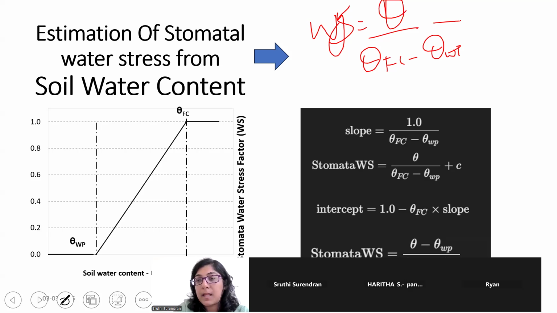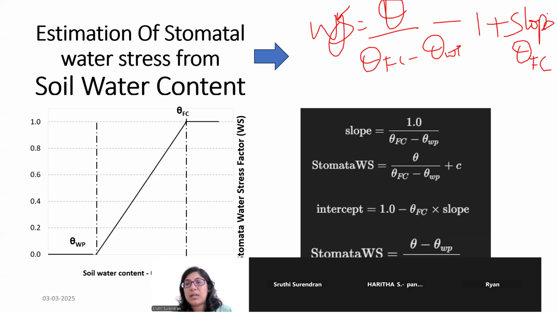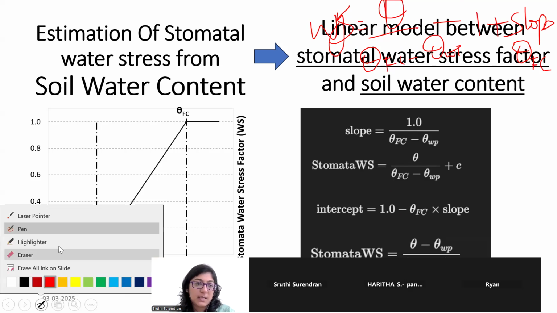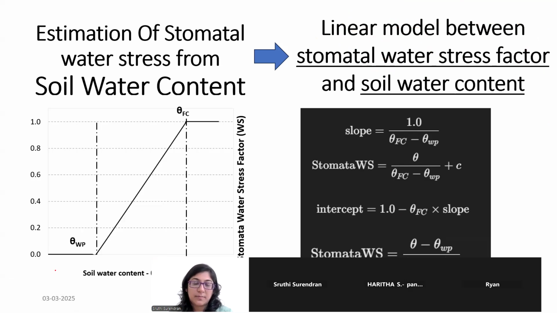And the intercept is minus 1 plus slope into theta Fc. Now, after the substitution, when you rearrange the terms, finally you will get the equation as theta minus theta Wp divided by theta Fc minus theta Wp is equal to the stomatal water stress.